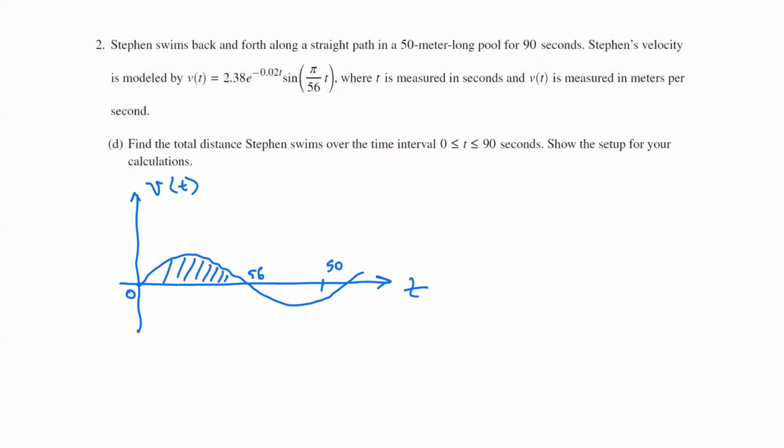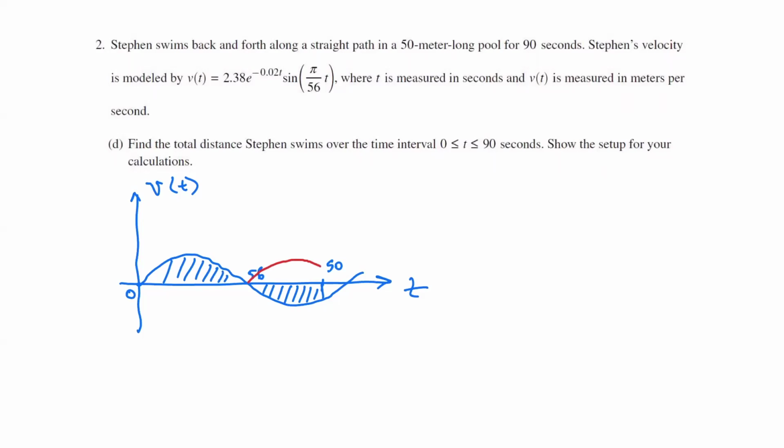It will be positive if we take the integral. And then we need to calculate the negative part of this area here, but it will be negative if we just take the integral of velocity. What we need to do instead is the integral of the absolute value of velocity.